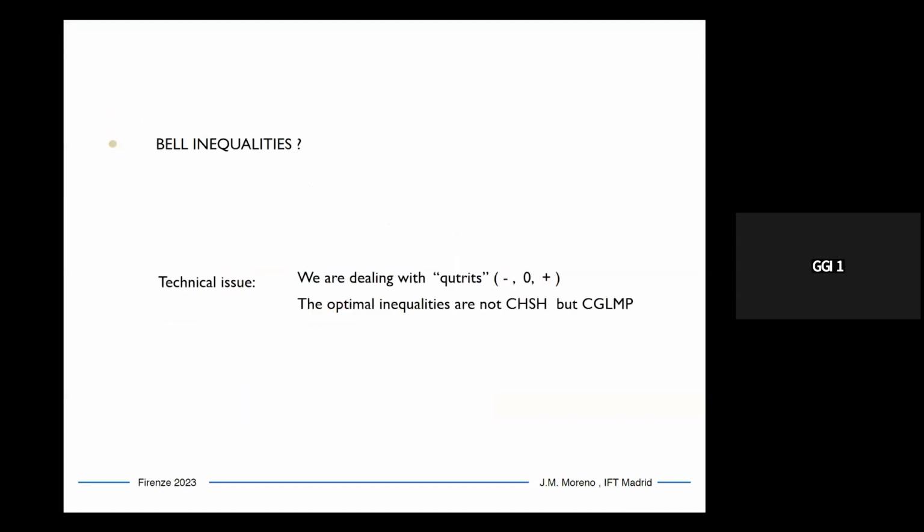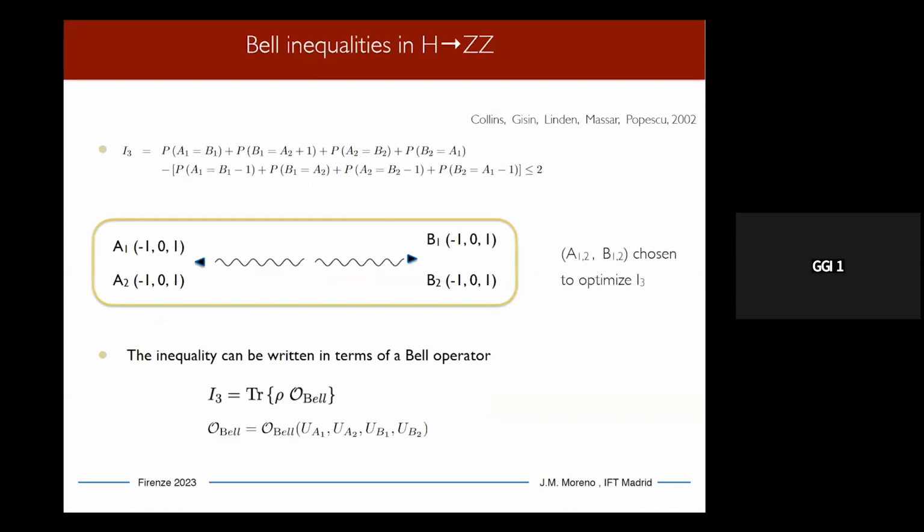So what about Bell inequalities? There is a subtle point that we learned before: since we are dealing with qutrits and not with qubits, the generalization of the CHSH inequality is now the CGLMP inequality.